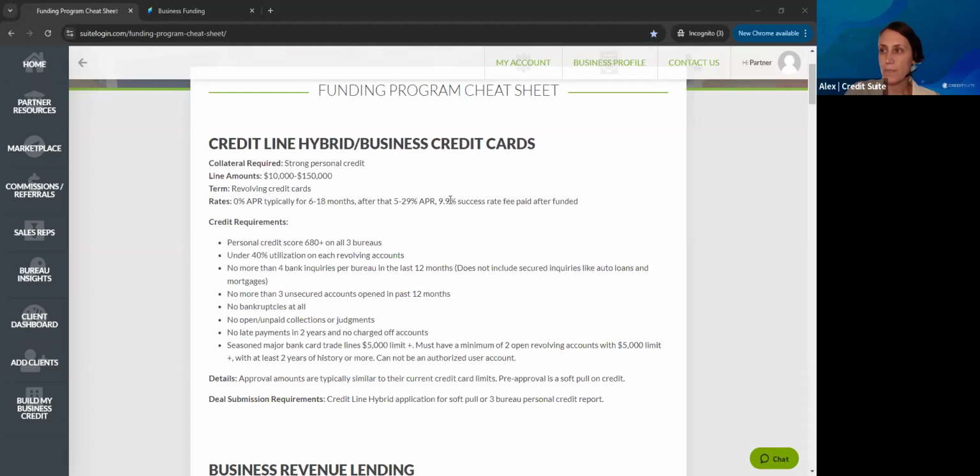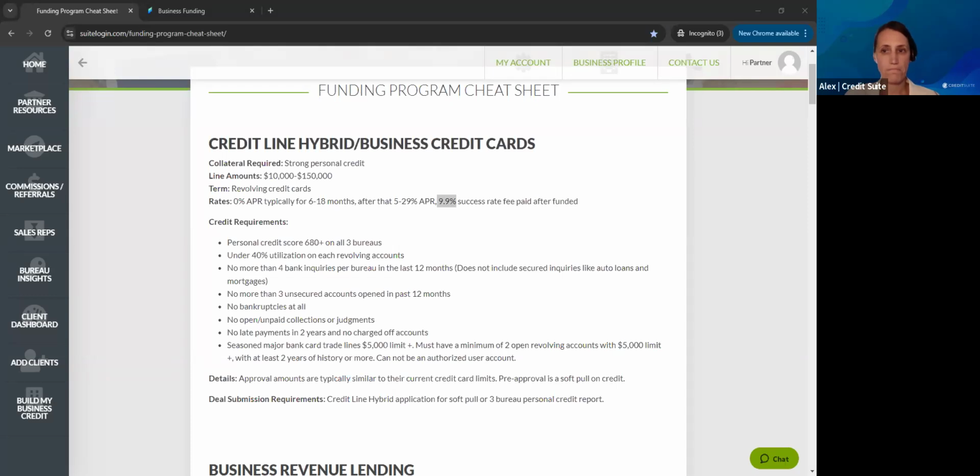And so when talking about this 9.9 success rate fee, that is going to be something that is charged to the client. So let's give an example. Say they get pre-qualified, then they decide they want to move forward with credit line hybrid. They have to sign an agreement. That agreement lets them know that there's going to be a 9.9 success rate fee going forward.